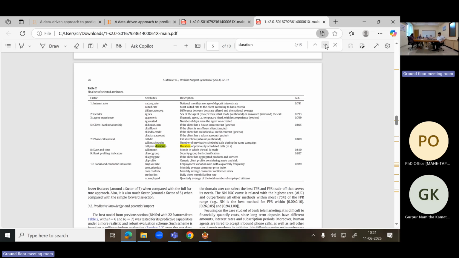For how many times they have been contacted? Duration of previously scheduled process. If they have talked for more time or less time, whatever. Okay. So the call duration.